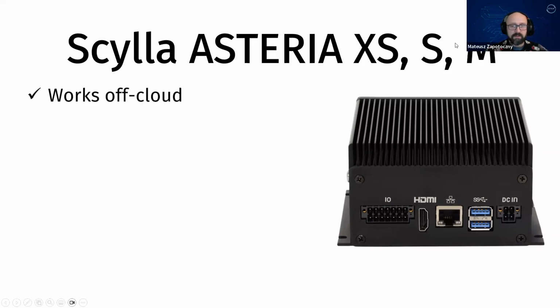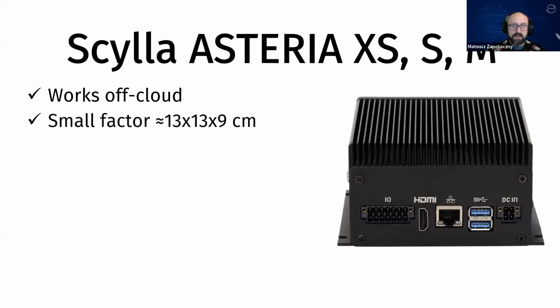What is the difference? First of all, these Asterias work completely off cloud. And this is also really important, because lots of customers are looking for a solution that can be unplugged from the internet. It needs to work in a closed environment, just Asteria itself providing the alerts to the specific VMS. It's small, so you can close it anywhere.